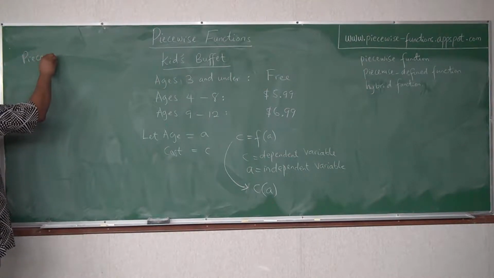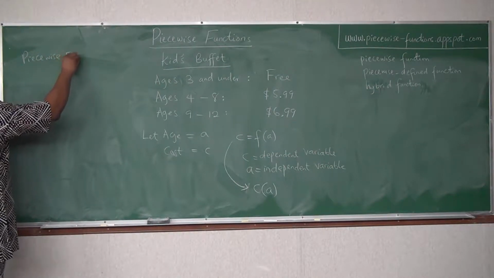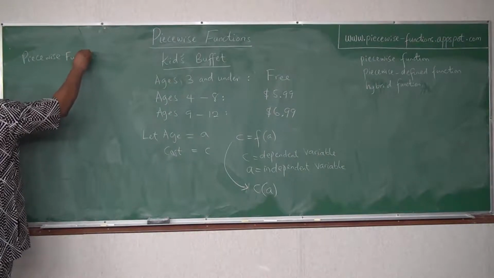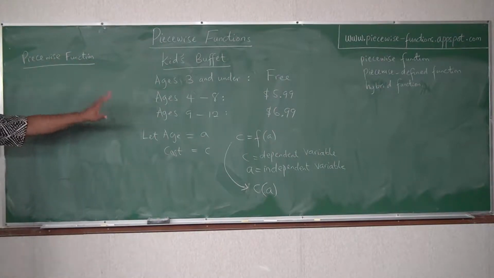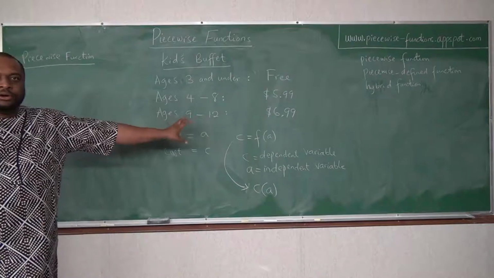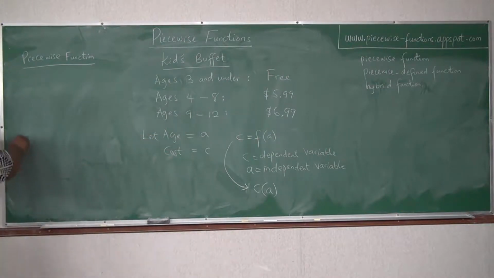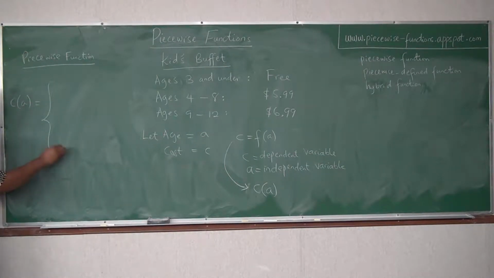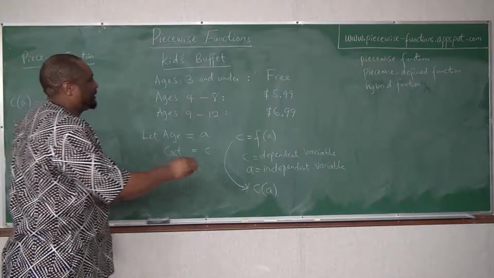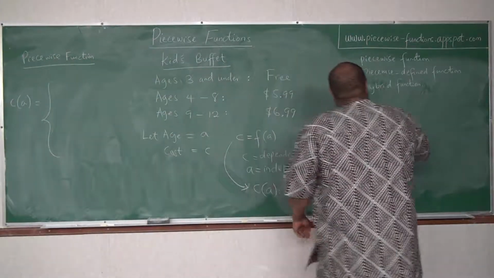The piecewise function for this Golden Corral restaurant will be C of A is equal to, we write, this is called braces. We call it braces.